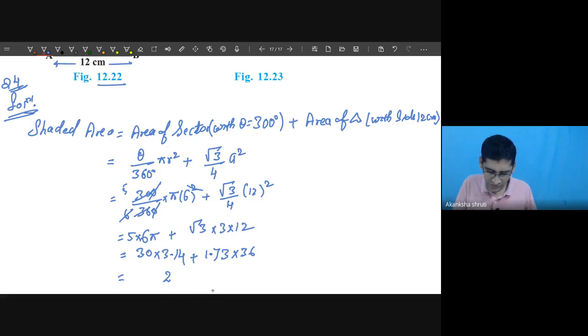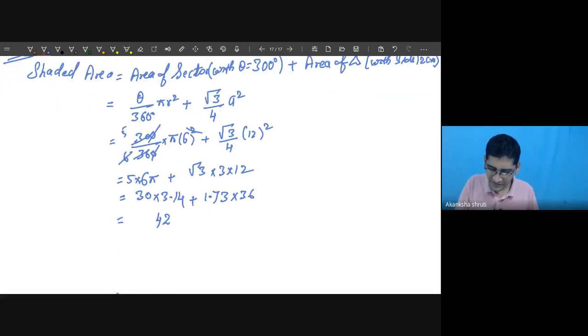2 and 3 ones are 3, 1 4. Then 3 3s are 9. Take the point ahead, shift it forward. Yeah, how much is this? 73. Sorry, 17 into 36, or take the exact value. 0.73 into 36.